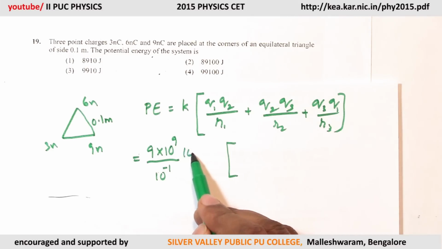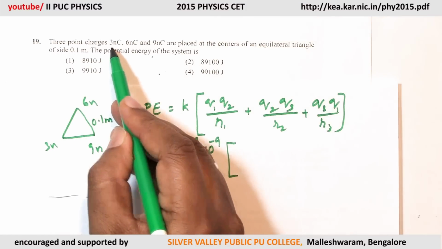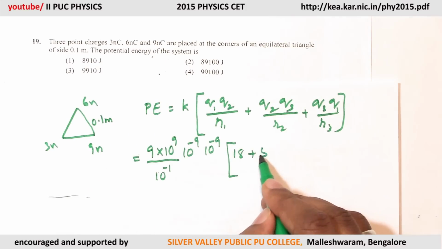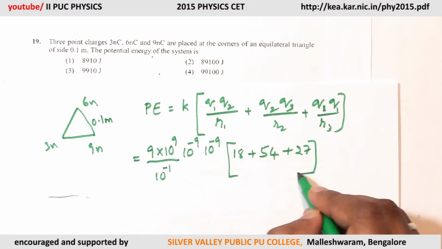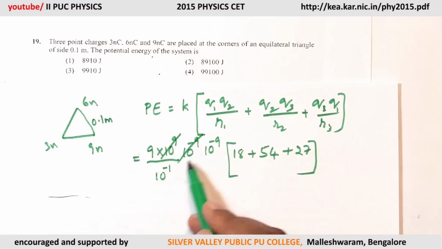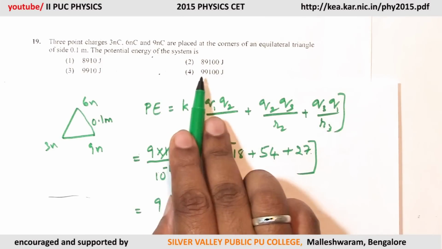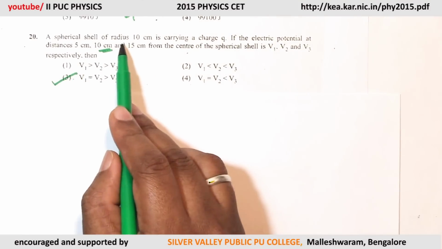All of them have 10 power minus 9 as common factor. 6 into 3, 18, plus 9 into 6, 54, plus 9 into 3, 27. Sum of these three gives some other number. It's a very small number, but they have given wrong options. Therefore, grace is awarded.